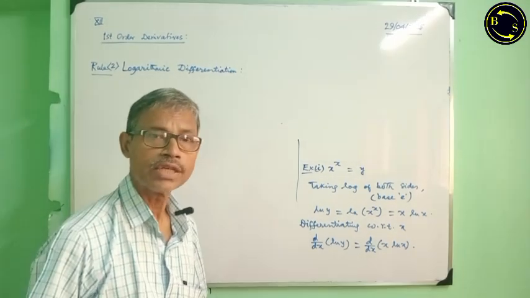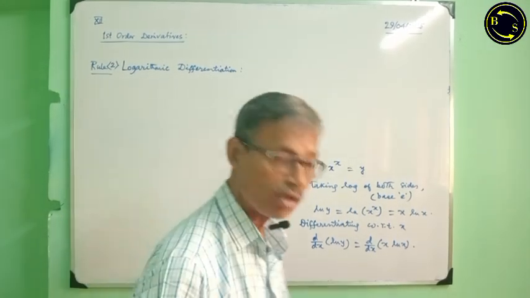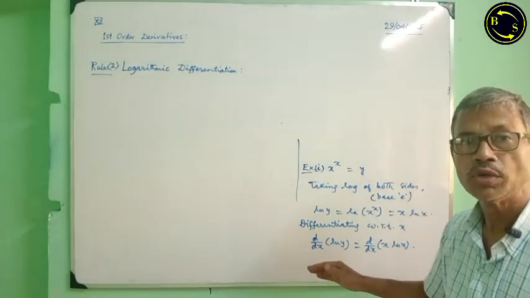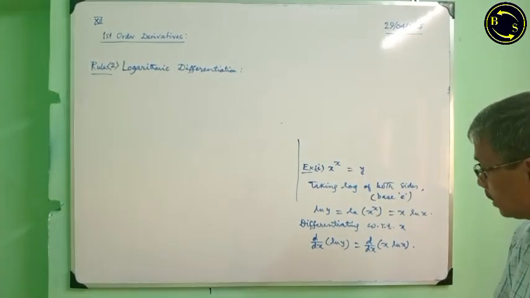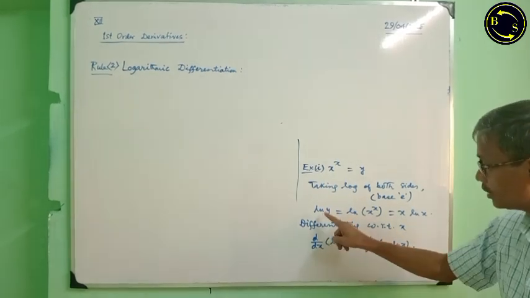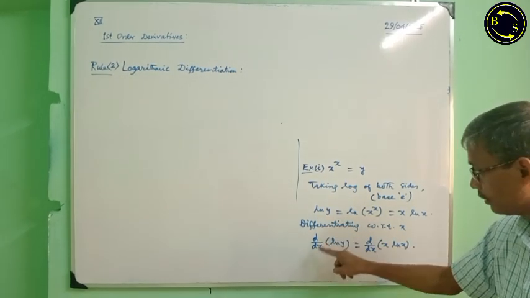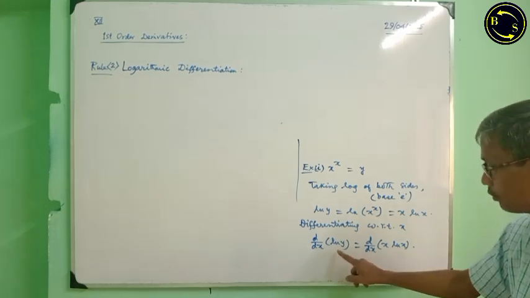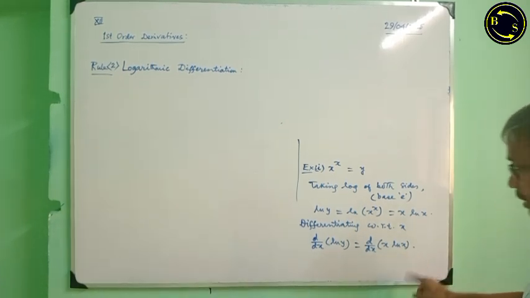I advise my students, when you are learning, you follow these steps which I am following. Differentiating with respect to x, it is a function of y. I suggest you follow this: d/dx of log y equal to d/dx of this.